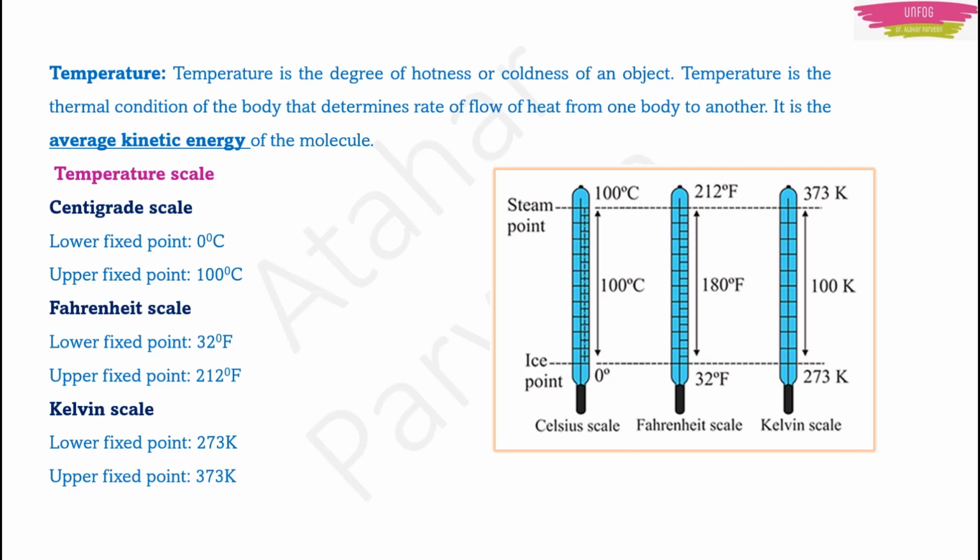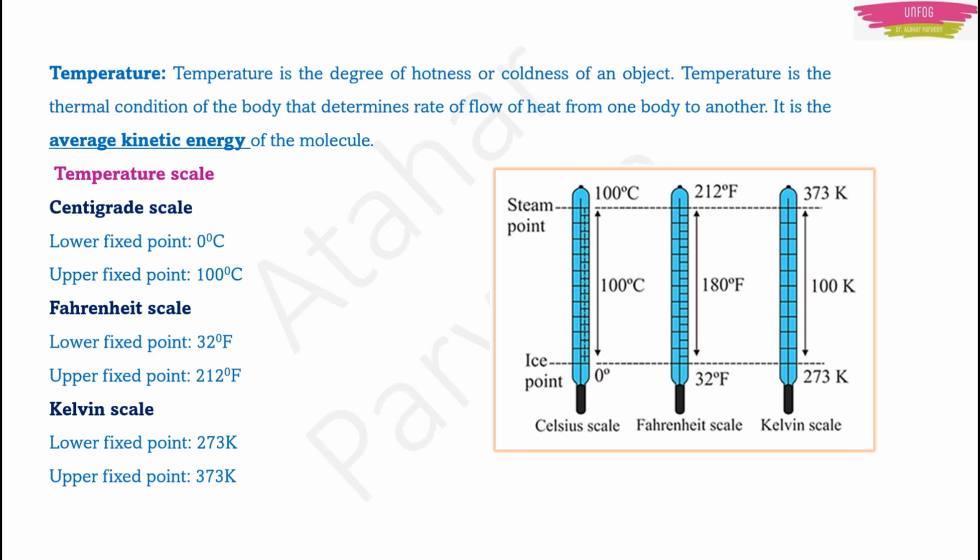Similarly, for the Fahrenheit scale, the lower fixed point will be 32 degrees Fahrenheit and the upper one will be 212 degrees Fahrenheit. And the same way for the Kelvin scale also. The lower one is 273 Kelvin and the upper fixed point is 373 Kelvin. So you have to remember that there are three types of scales which we use in a thermometer: centigrade, Fahrenheit and Kelvin. You should also know their lower and upper fixed points. Anything can be asked as an MCQ in your examination.